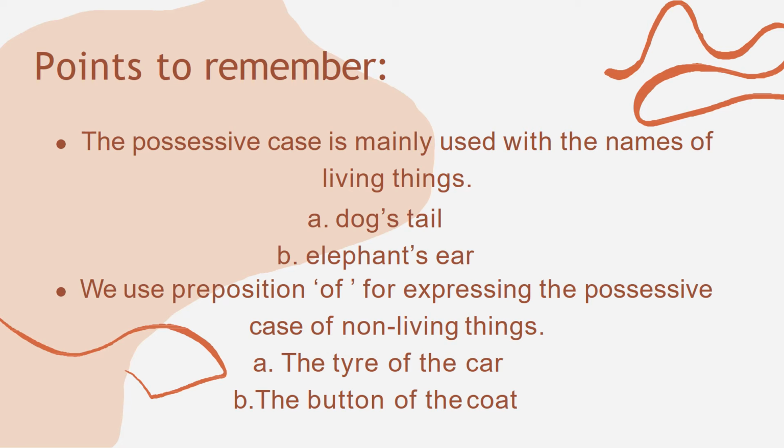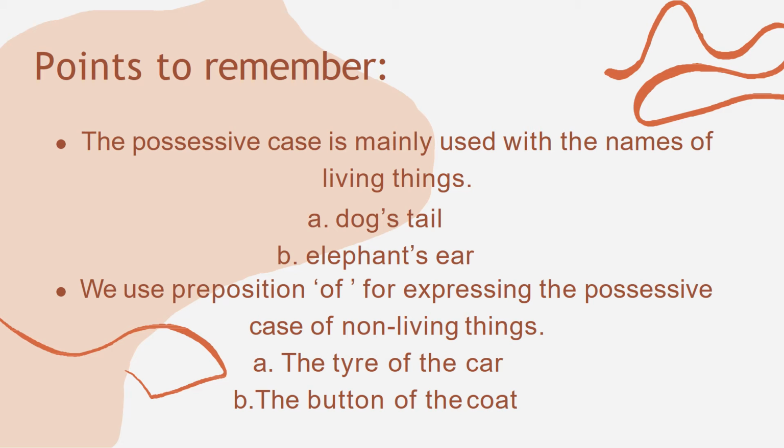The possessive case is mainly used with the names of living things like dog's tail. Whose tail are we talking about? Dog's tail. Means the possession lies with the dog.